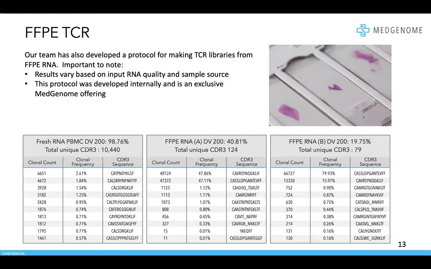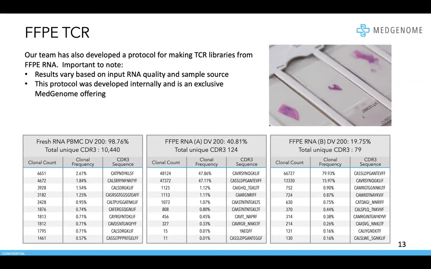Another thing that we offer that makes us somewhat unique in the TCR field is FFPE TCR using RNA as input. The kit being used is still the Takara kit, but a lot of the optimization was done in the number of PCR cycles that we use and the initial primer for reverse transcription.